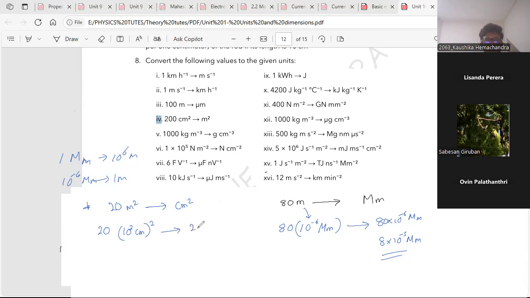Then you get 20 into 10 to the power 2 into 2. එතකොට 2 into 10 to the power 2 නෙමෙයි, මේ power එක තමයි multiply වෙන්නේ. 2 into 2 is 10 to the power 4 centimeter square. So you get 2 into 10 to the power 5 centimeter square.